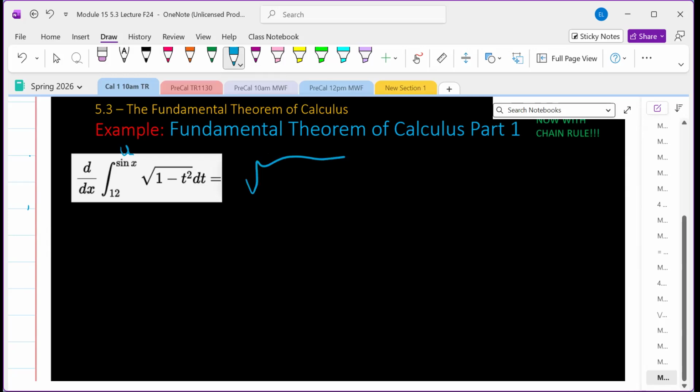So we're going to end up with the square root of 1 minus sine of x squared. And then we have times the derivative of sine of x.